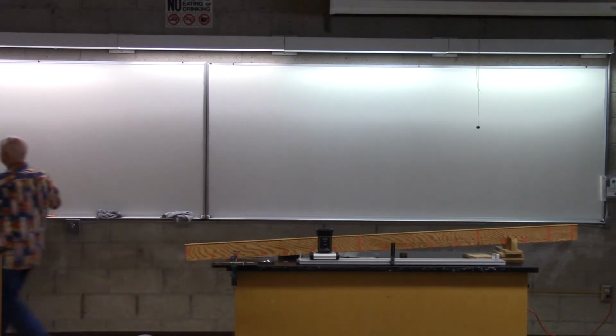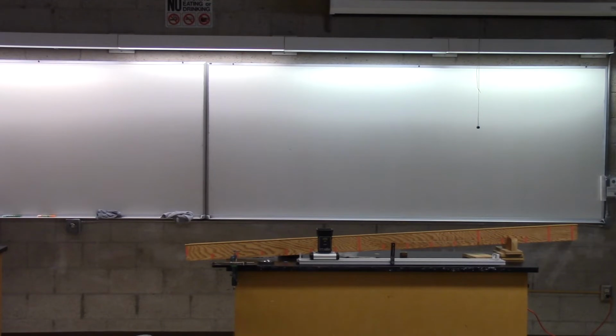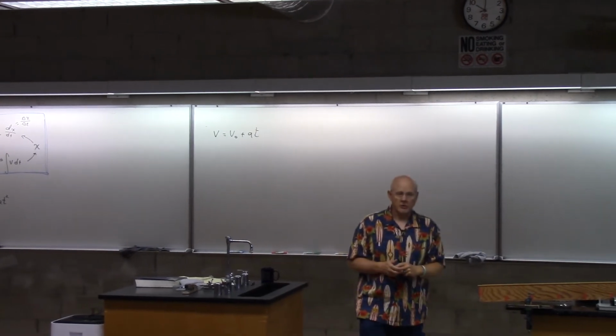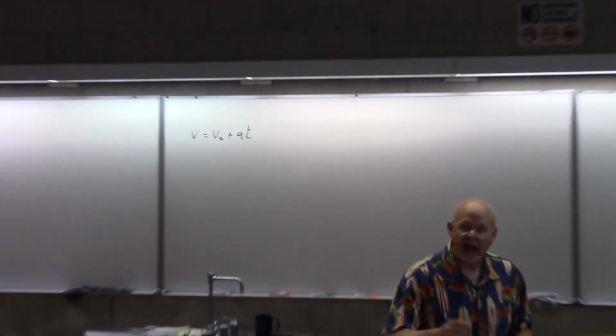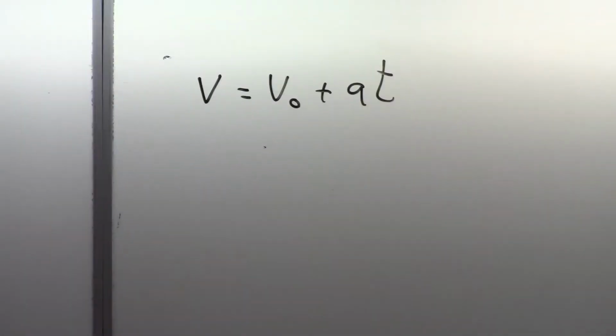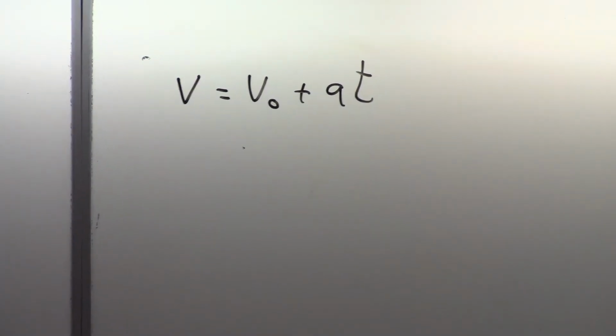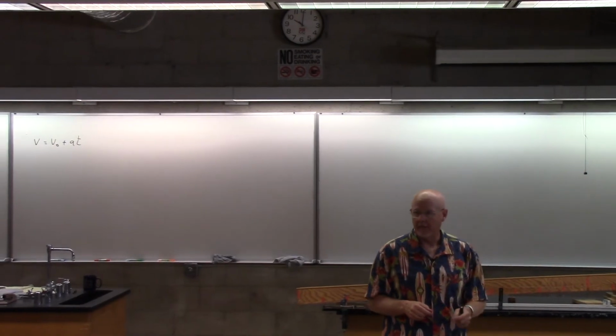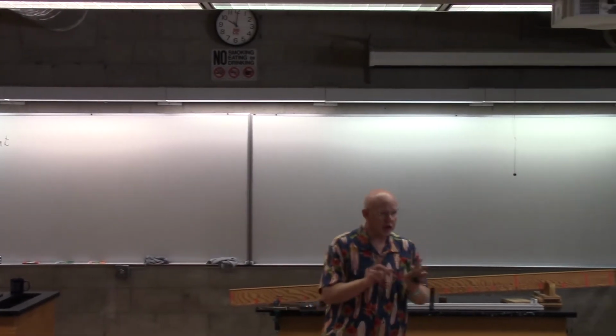Let's try to apply equation number 1. The question says, after 4 seconds, given this constant acceleration, starting from rest, how fast is it going? Now, I want to show you a little pattern here.